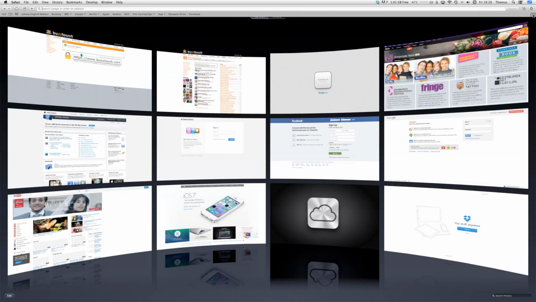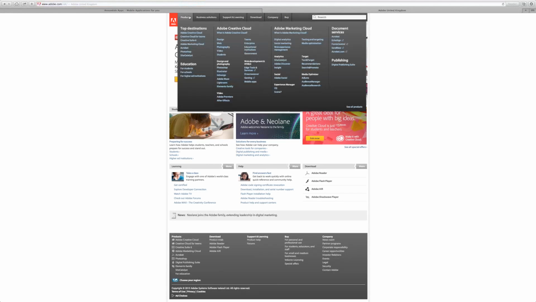What I basically did, I used this program. Oh, I've forgotten what it is. It's an Adobe program. Is it Dreamweaver? No, it's not Dreamweaver. It's the one below it. Oh, what is it called? God, I can't remember.